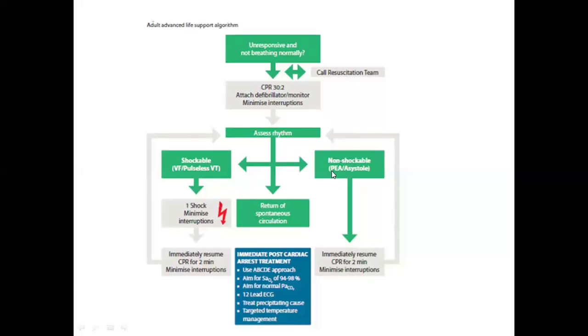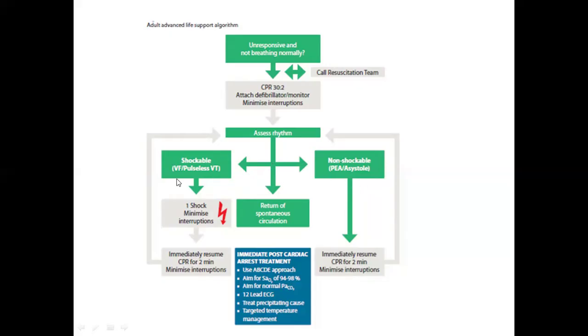PEA means pulseless electrical activity. That means electrical activity is there, but there is no sufficient cardiac contractility. Asystole means there is no electrical and no contractile element as well, right?